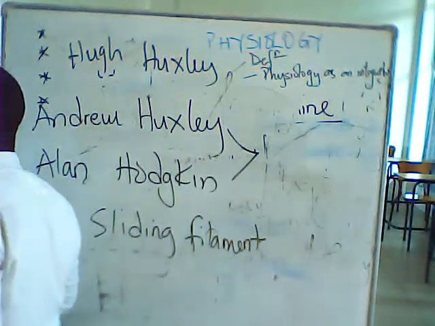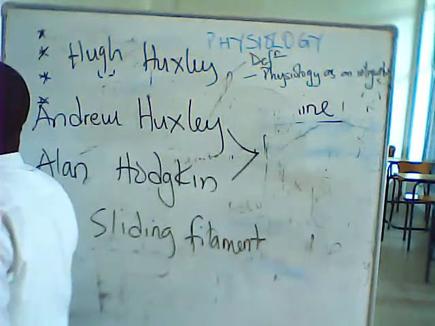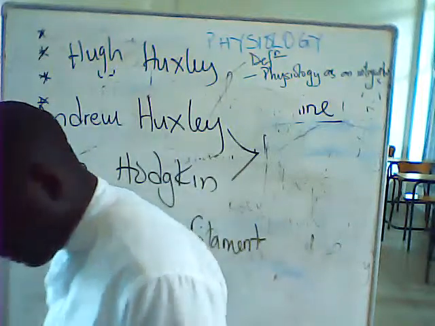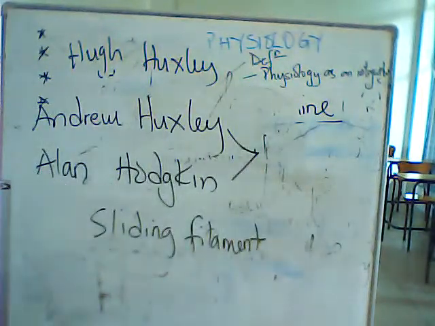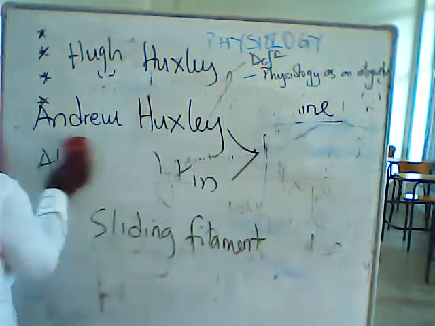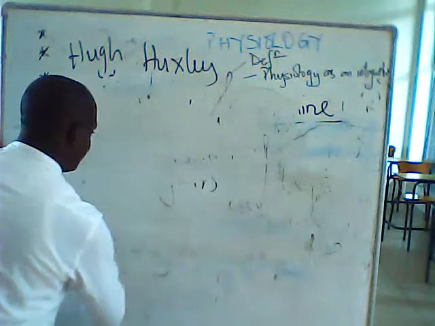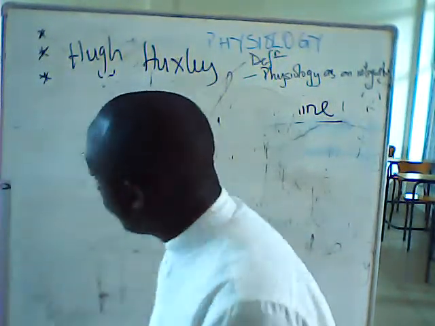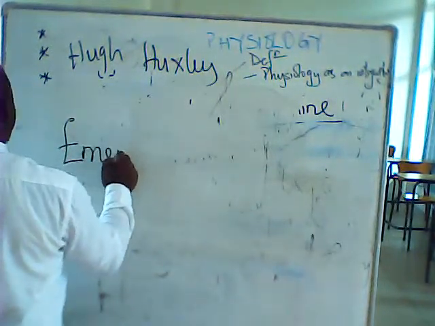Then we have complex behavior, all called emergent properties. Let me define emergent properties.